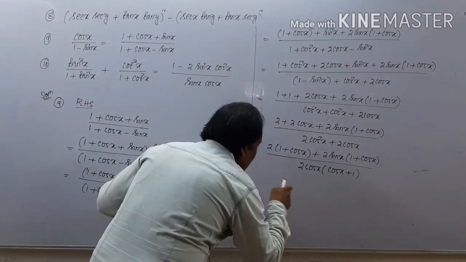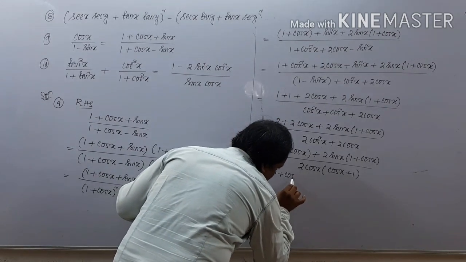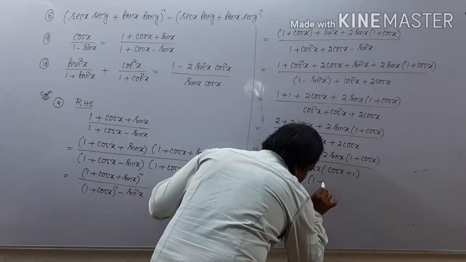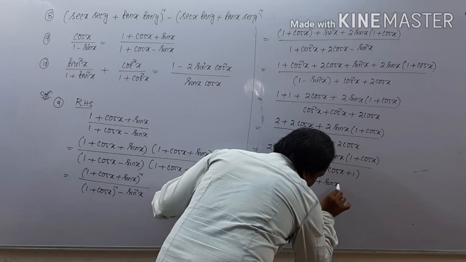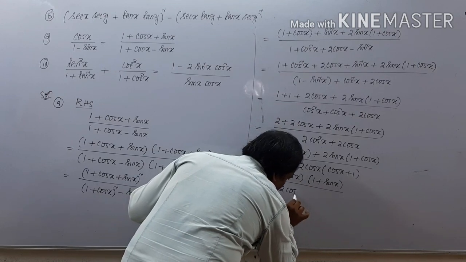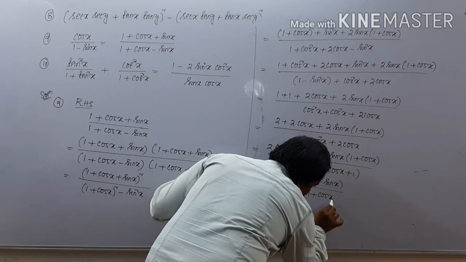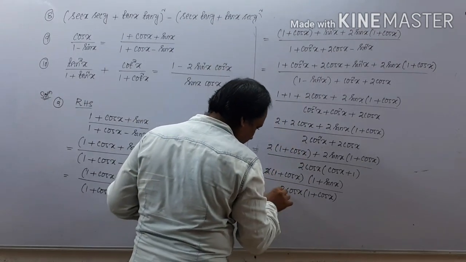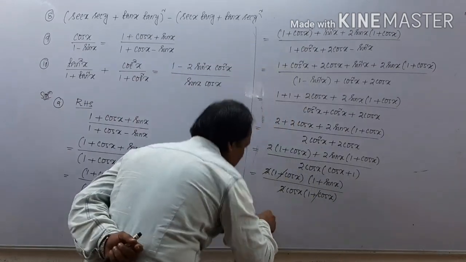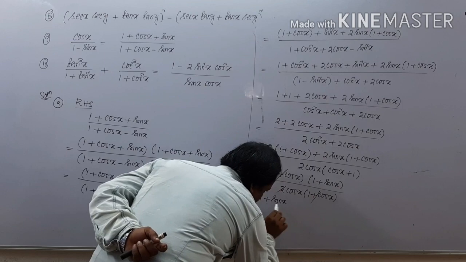So I will take 2 into (1 plus cos x) as common. What is remaining? The remaining is 1 plus sin x divided by 2 cos x multiplied to 1 plus cos x. So see here, this 2 will cancel, this 1 plus cos x also cancels out. So here we got 1 plus sin x by cos x.